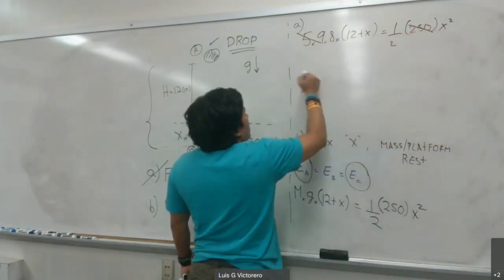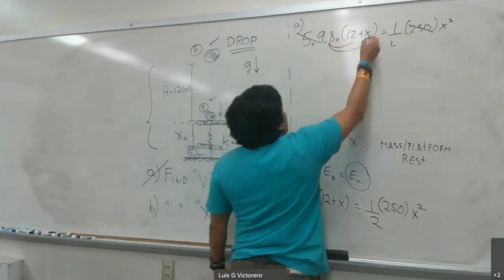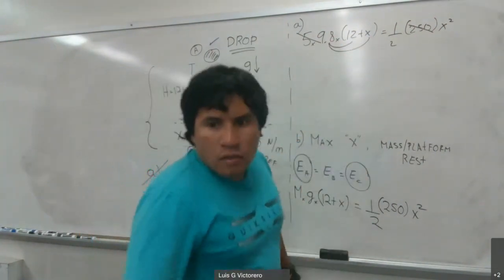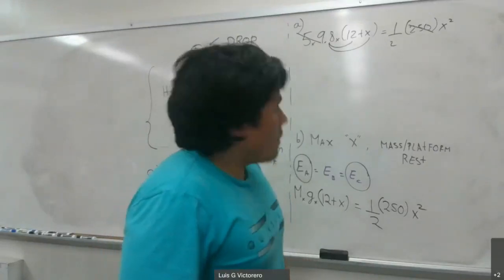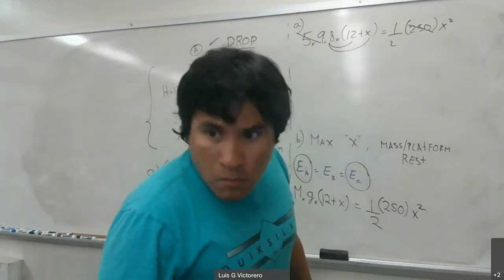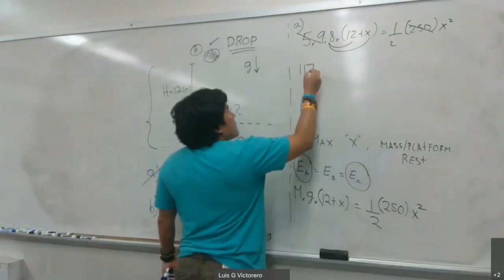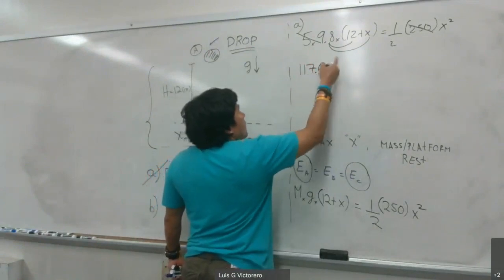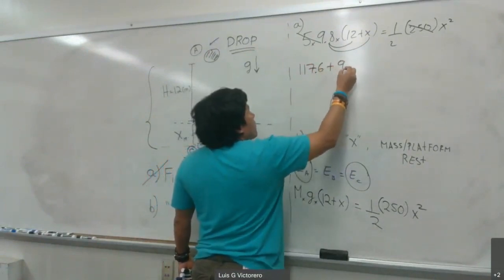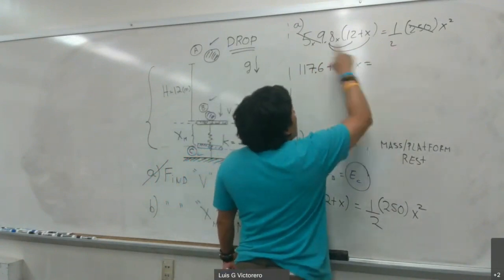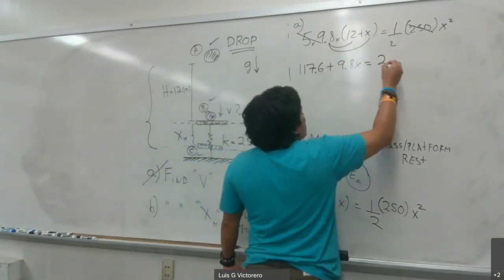So 9.8 times 12 times this. Let's get to that. 117.6 plus 9.8x equals 50 divided by 2, 25.